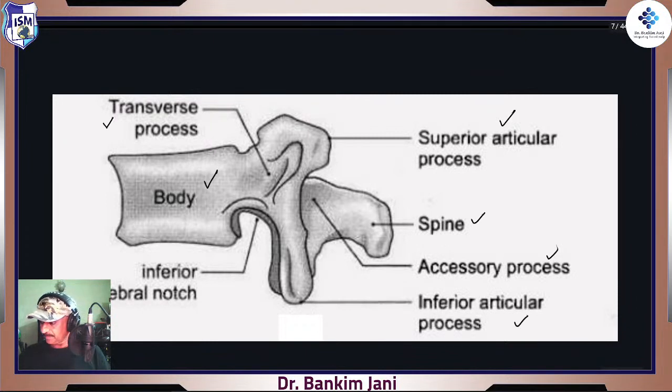Now see this way. This is one vertebra, then second, then three, then four. That's how it goes. So when it is connected with the vertebra below, here is the inferior vertebral notch.